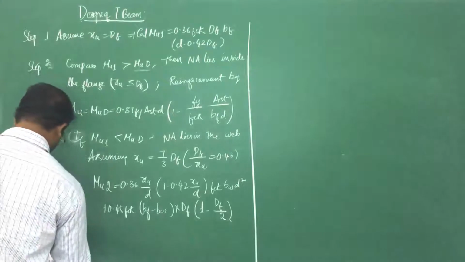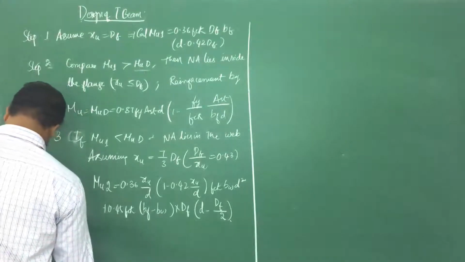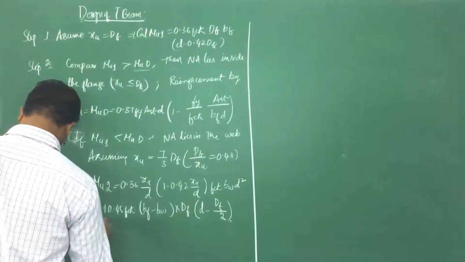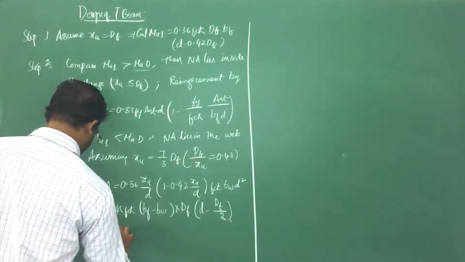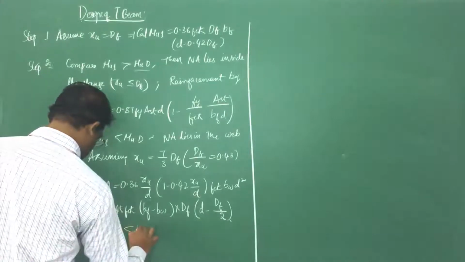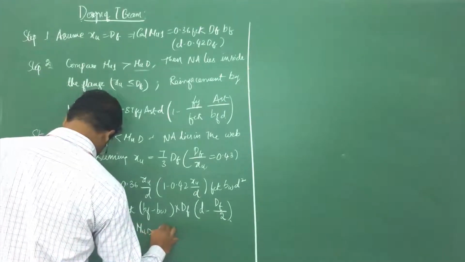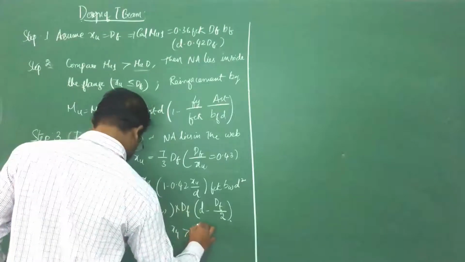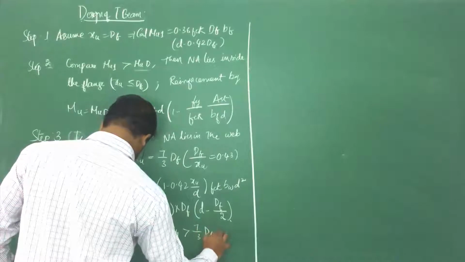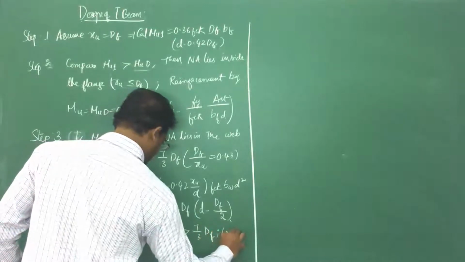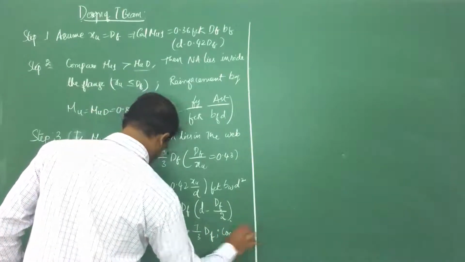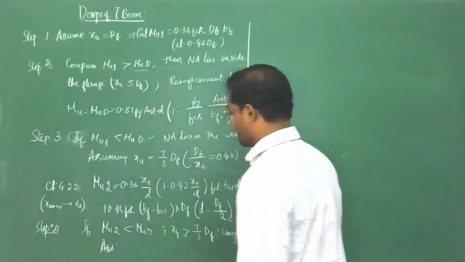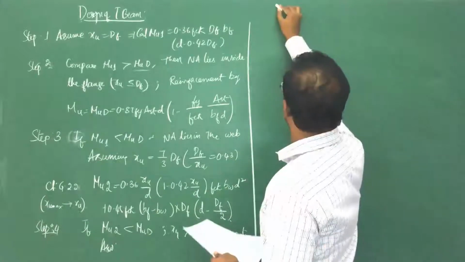In step number 4, Mu2 should be compared with the design moment, that is, if Xu is less than or equal to 7 by 3 times Df, then you can compute Asw. Asw is area of steel in web.